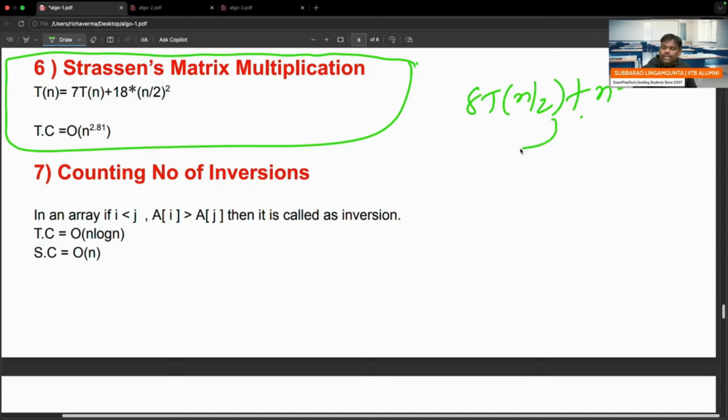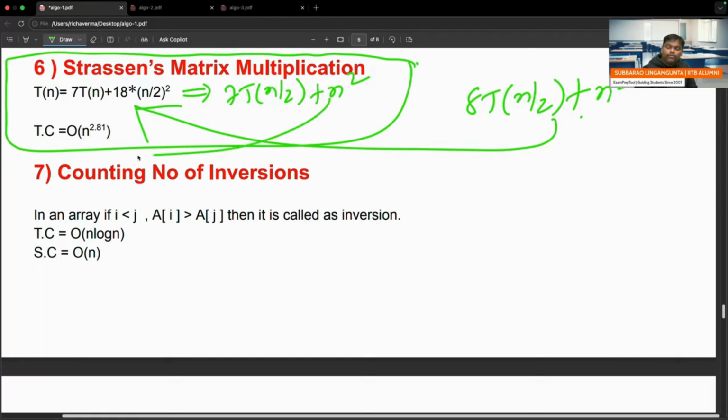Using Strassen's, it became 7T(n/2) plus n square. If you solve this one, you will get n power 2.81. Just remember this, one question also not there. If you want, you can also remember 18 into n square by 4, but actually this is more than enough. That is Strassen's matrix multiplication.